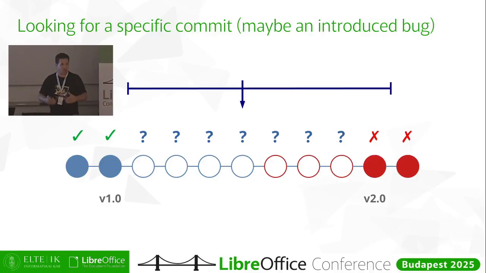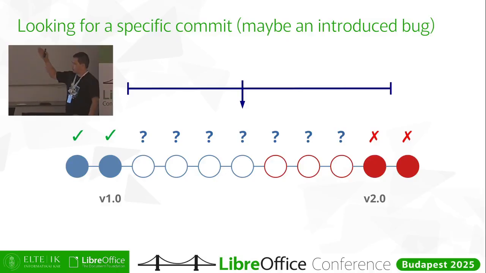Normally, we use this for regressions. And that's why you will see that instead of typing old or new, I'm going to refer to them as good, the blue ones, or bad, the red ones. But Git Bisect also supports the old and new syntax. Maybe we're looking for a change and not necessarily a bug.